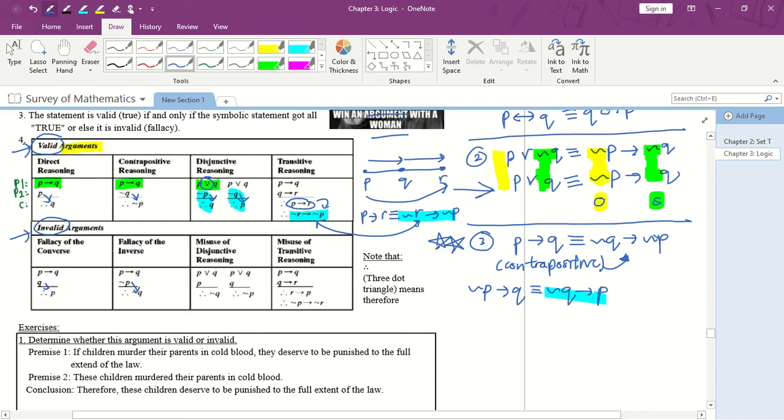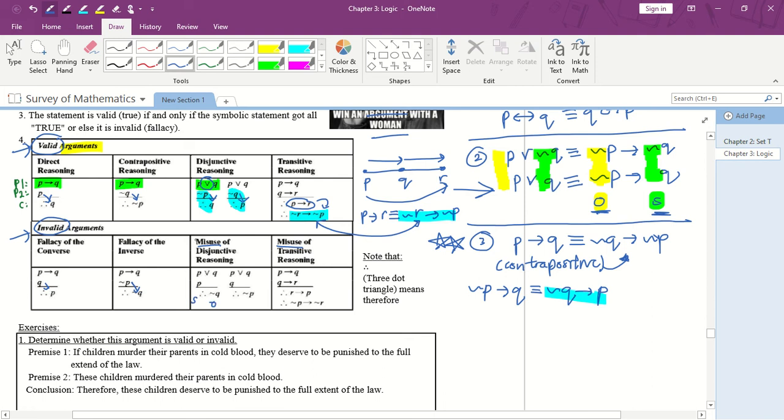And here also are misuse of disjunctive reasoning and misuse of transitive reasoning. Basically the same thing, just that disjunctive reasoning is supposed to be OS, right? If it's the opposite on the sign of P and the same on the sign of Q. However, this makes it SO instead of OS here.